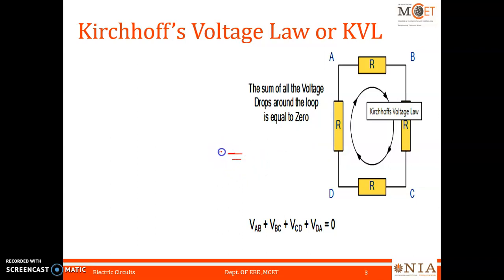This is the voltage source in the circuit comprising the branch elements R1, that is resistor 1, R2, resistor 2, R3, resistor 3, and R4, that is resistor 4.